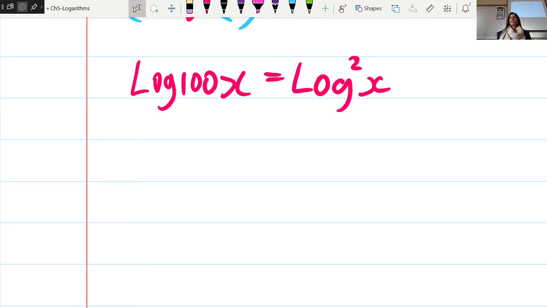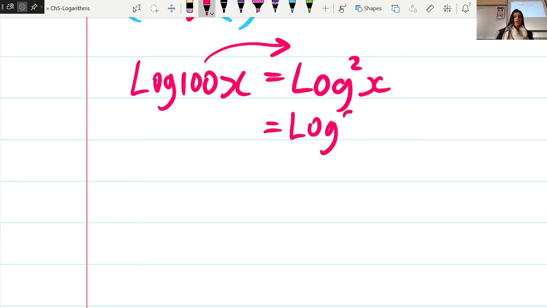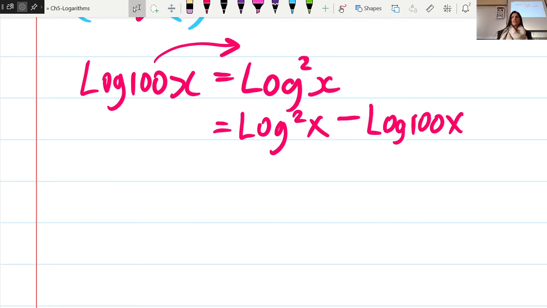We factor it out, right? So it's still the same thing, but it happens to be with logarithms. So I can subtract this to get it to the other side. So I'm going to say log squared x minus log of 100x. Whoops, that doesn't look right. Does everybody see what I just did there?